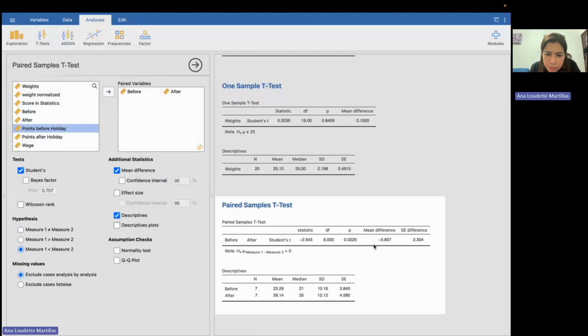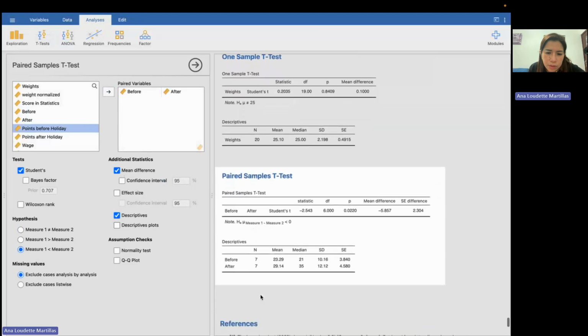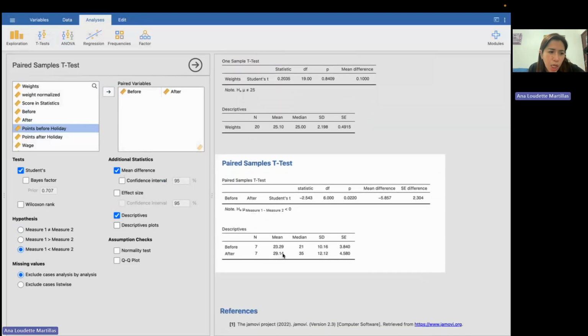The mean difference is negative 5.86 or 5.857. So when you look at the descriptives here, the before mean is 23.29, the standard deviation is 10.16, the after mean is 29.14, and the standard deviation of the after is 12.2.